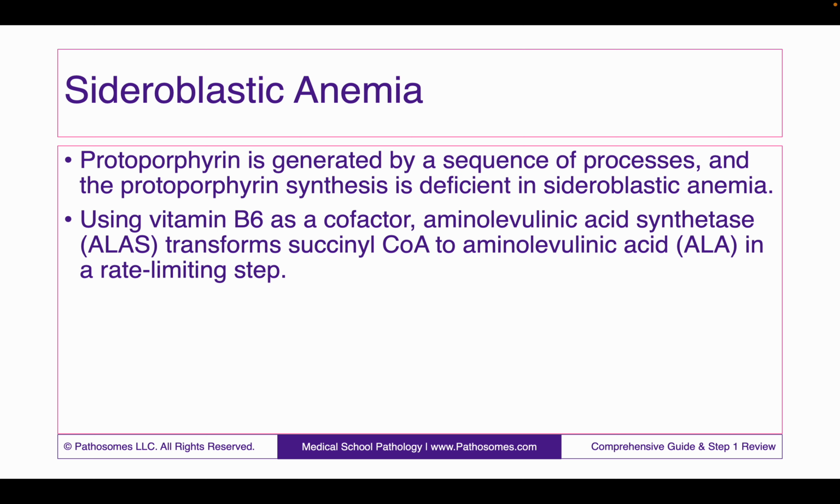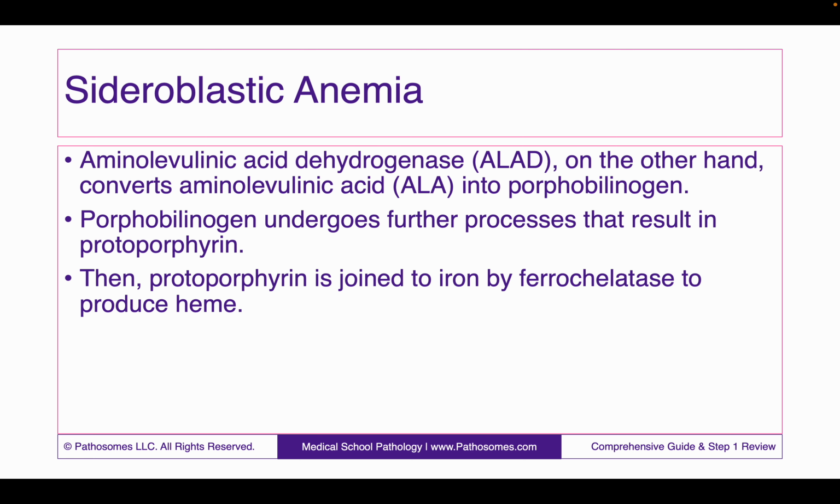Using vitamin B6 as a cofactor, aminolevulinic acid synthetase transforms succinyl-CoA to aminolevulinic acid in a rate-limiting step. Aminolevulinic acid dehydrogenase, on the other hand, converts aminolevulinic acid into porphobilinogen.